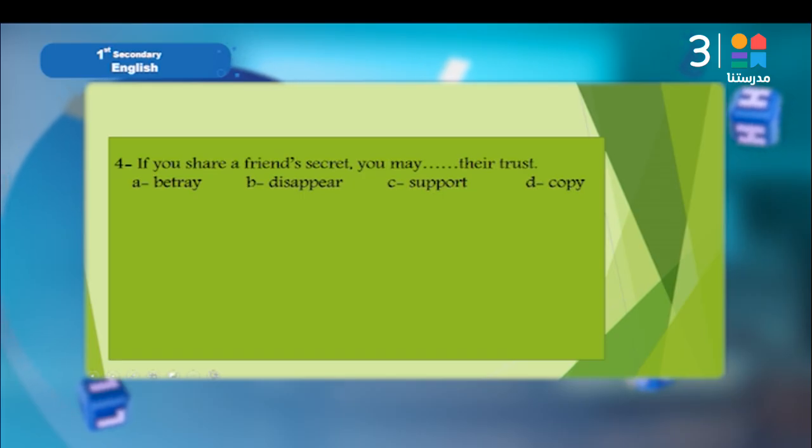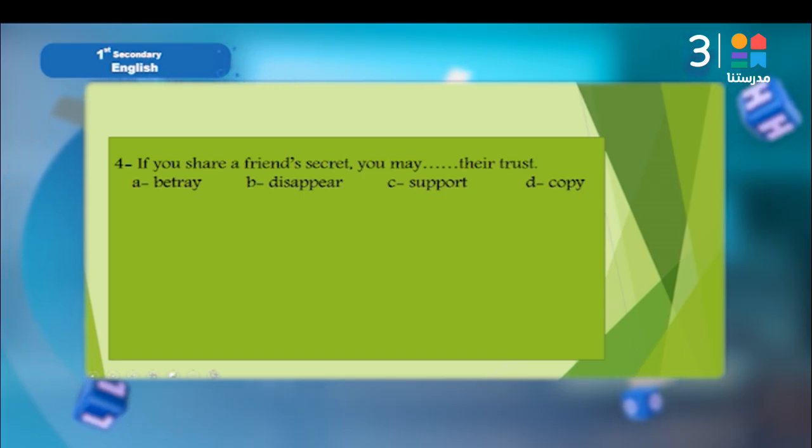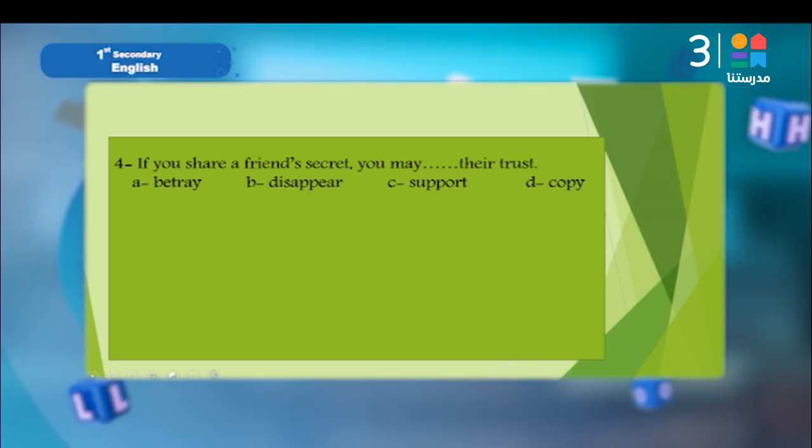Number 4, if someone just told me a secret and I share it with others, what did I do by this? You may space their trust, betray, disappear, support, or copy. Yes, of course, you betray him, you betray her trust. So what is the correct answer? Betray. Well done.